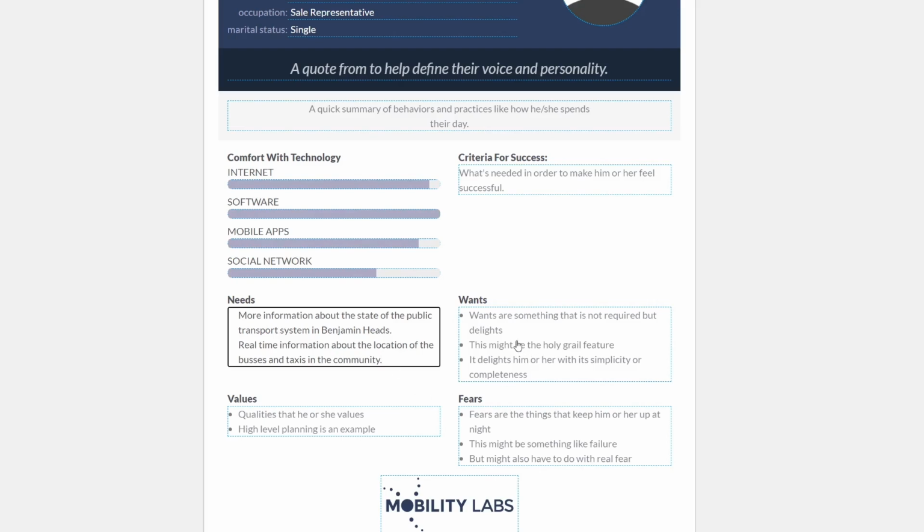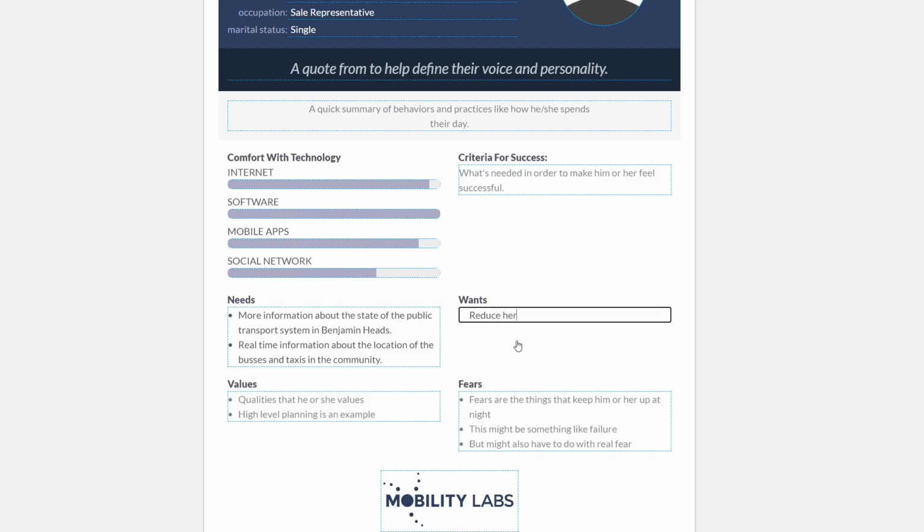So what she wants, to reduce her anxiety, is assurance that the bus or taxi is going to arrive, and when. That's what she really wants.